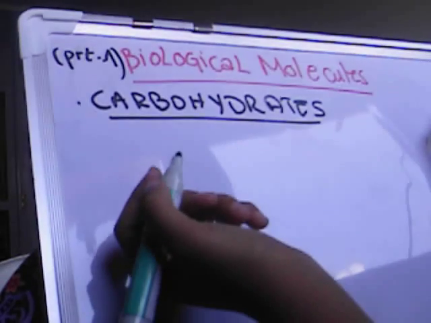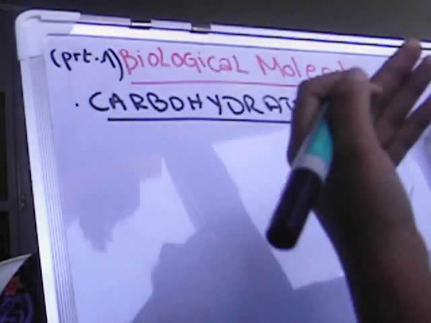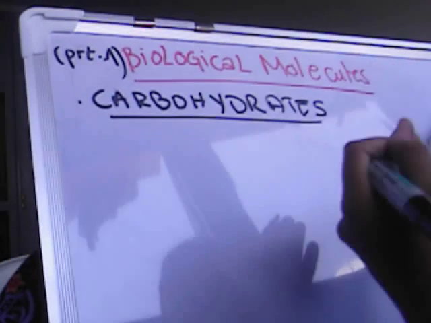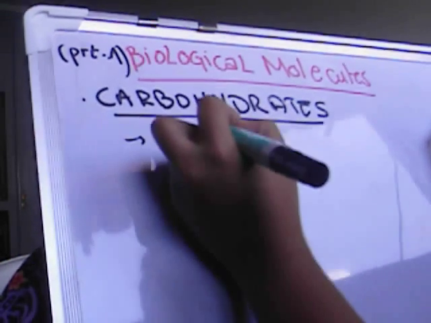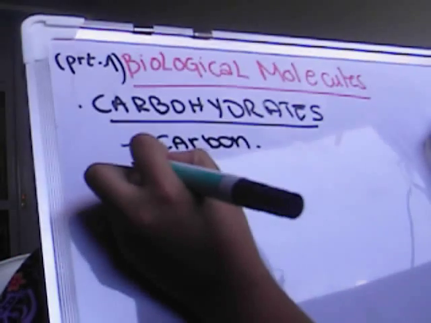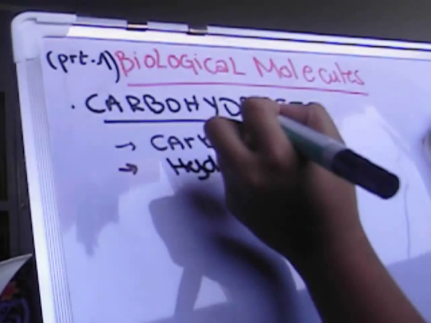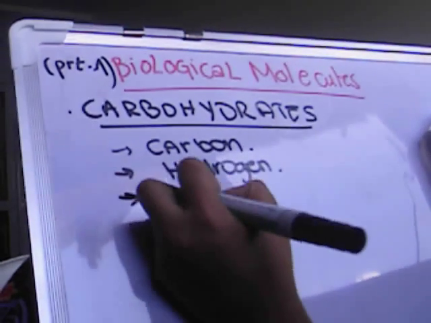Carbohydrates contain 3 elements, which are among those 4 important ones: carbon, hydrogen, and of course oxygen.